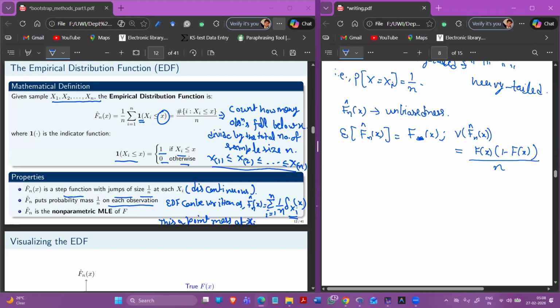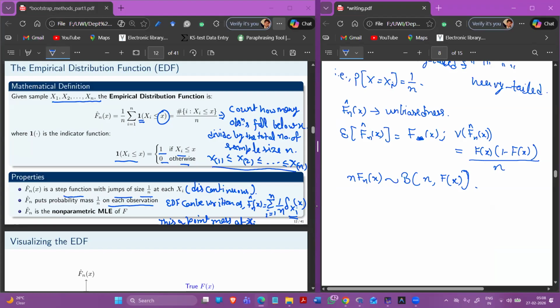And in that one, n times Fn(x) will follow the binomial distribution with parameters n, the size of the sample, and probability of success your CDF Fx.